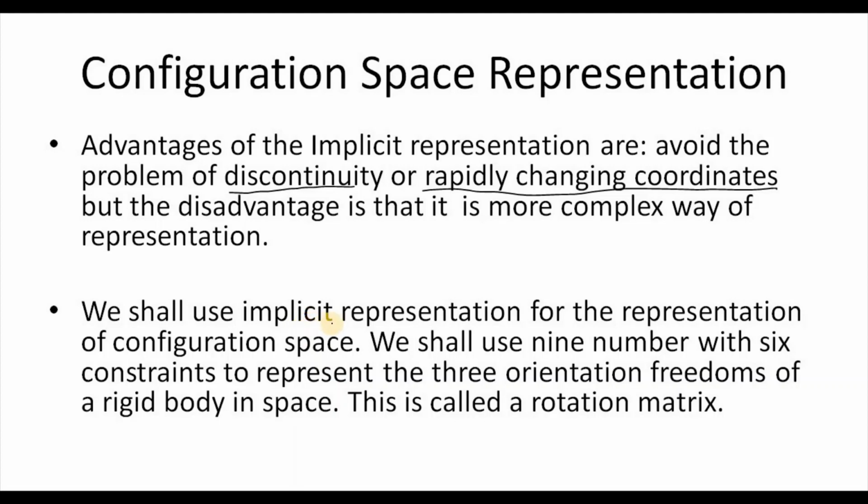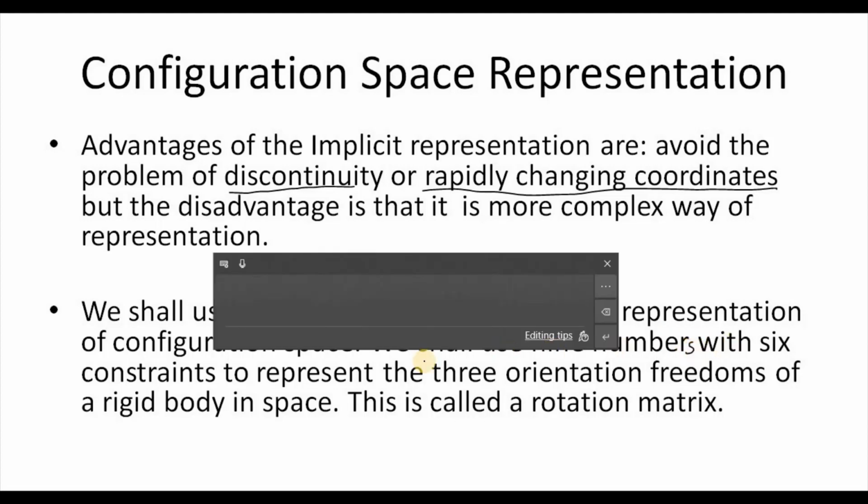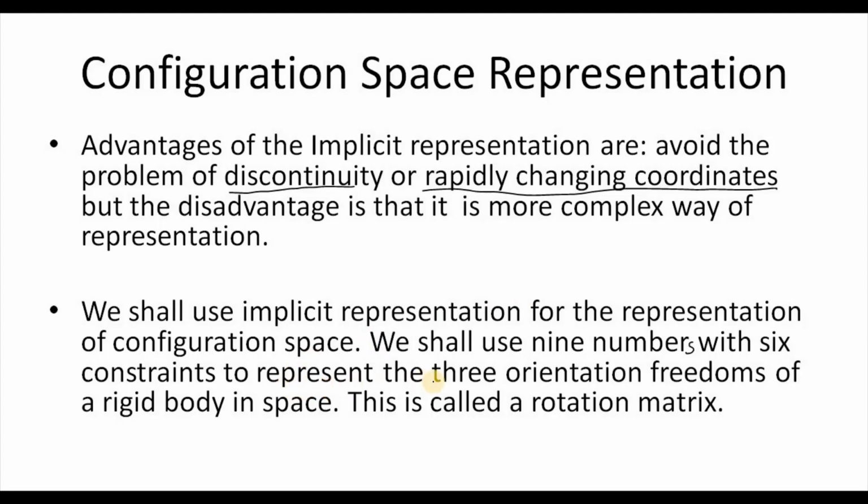We shall use implicit representation for the representation of configuration space. For our calculations, we shall use 9 numbers with 6 constraints to represent the 3 orientation freedoms of a rigid body in space.